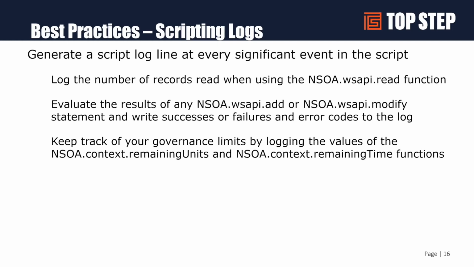So again, if you're adding something or modifying something, you can check whether or not it actually succeeded or failed. And the only way to do that is through the log functions. And then keep track of your governance limits by logging the value of the context, remaining units, and remaining time functions.